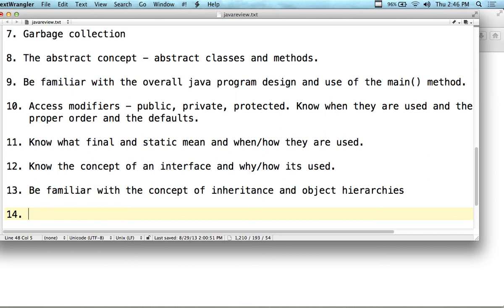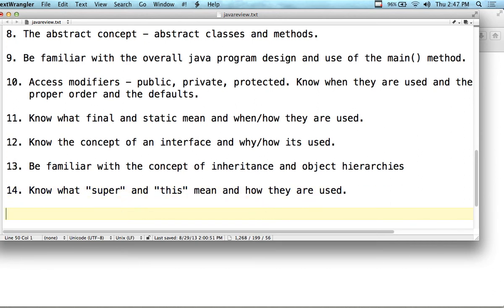Number 19 has a special word in it. The special word is called super. I couldn't leave that word out. We also have this, not in the same question, but in a different one. Super. Know what this means and how it's used.